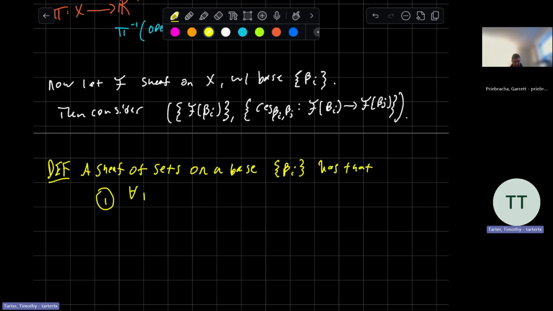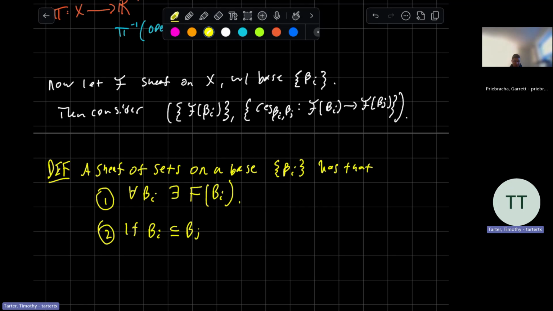So for every B_i in the base, there exists a set F of B_i, which is notably not a section. Maybe they just used the wrong F. Normally we reserve that for functor, but okay.